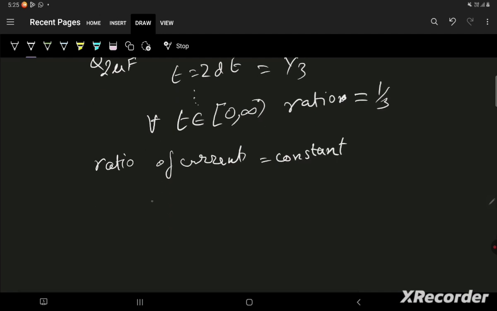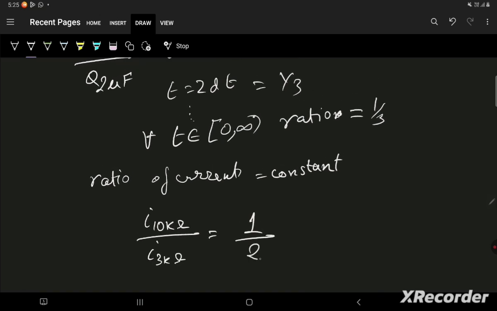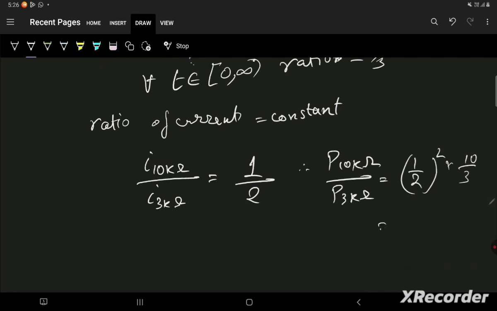So current through 10 kilo ohms upon current through 3 kilo ohms is equal to 1 by 2. So power through 10 kilo ohms upon power through 3 kilo ohms would be constant, equal to 1 by 2 whole square into the ratio of resistance, that is 10 by 3, which when you evaluate, you will get 5 by 6.